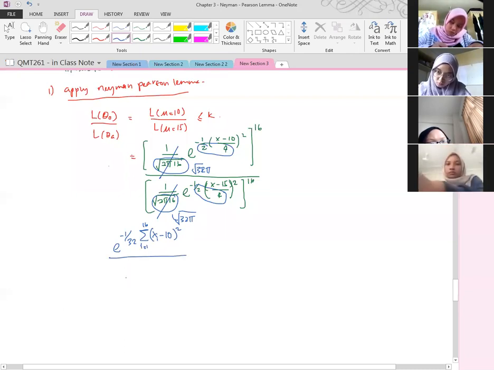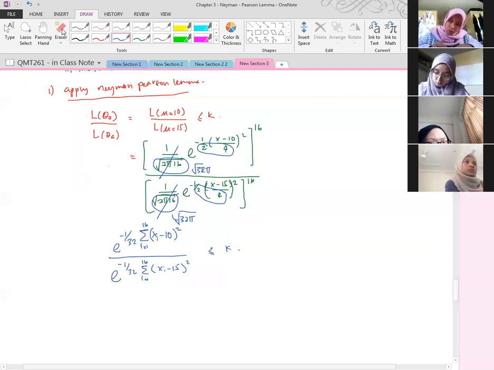So this one divided by exponential negative 1 over 32 summation of xi minus 15 to the power of 2, i equal to 1 until 16. So this is less than or equal to k, right?